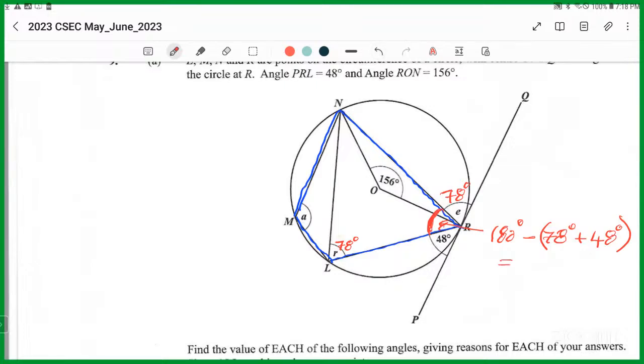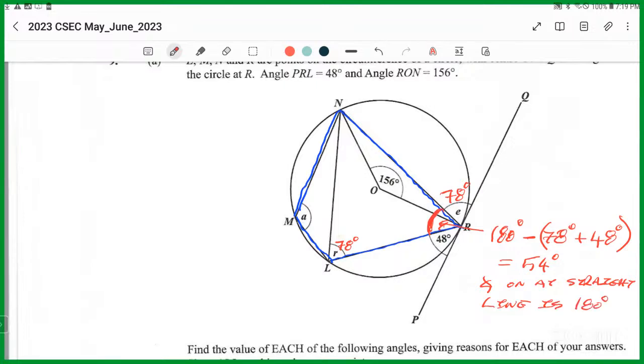Good. So what does it work out to? 180 minus the sum of those two. But the angle is going to be the sum of these two, so we have to do the same subtraction again. 54 degrees. Angles on a straight line is 180 degrees.